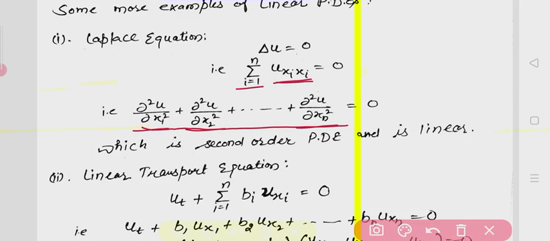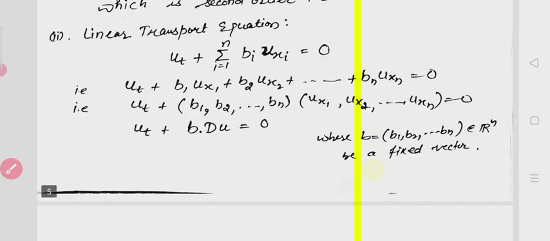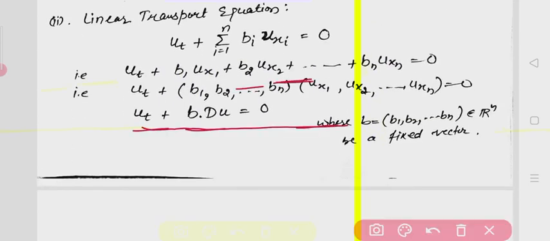द नेक्स्ट वन इज लीनियर ट्रांसपोर्ट इक्वेशन. सो व्हाट इट विल बी, द लीनियर ट्रांसपोर्ट इक्वेशन विल बी ut plus summation i equal to 1 to n bi into uxi equal to 0. Okay, if you rewrite it, that will be ut plus, if I open the summation, b1 ux1 plus b2 ux2 plus and so on bn uxn equal to 0.